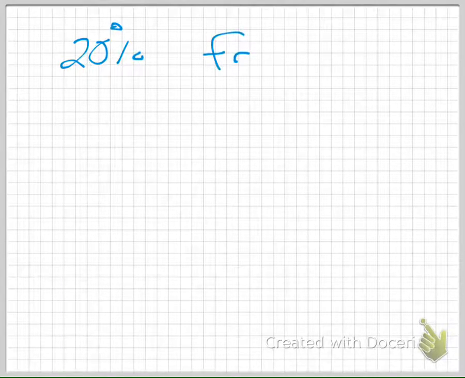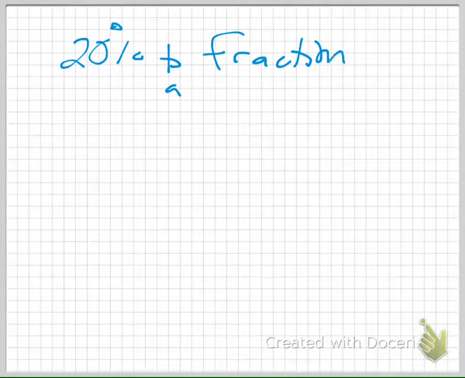Here's the deal. It's very simple and very straightforward. To go from a percent to a fraction, it's really simple. Here's the important thing about percent: when you hear the word percent, you can take whatever number they say and put it over 100.